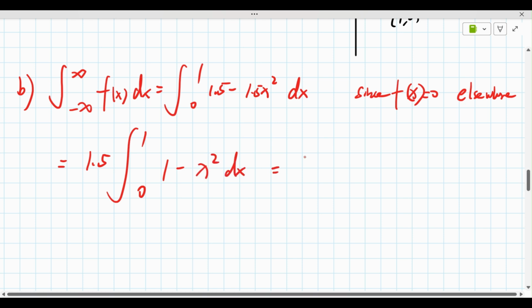So that equals 1.5 times x minus x cubed over 3, from 0 to 1.